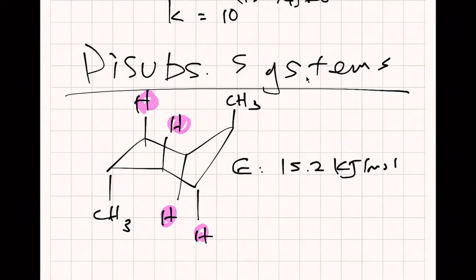That won't always be the case, because sometimes you can have an isomer that has one axial and one equatorial. Then when you do the chair flip, you'll still have an axial substituent. So the energy of the second conformation won't be zero. It'll be something else, but you can still calculate delta G based on that.